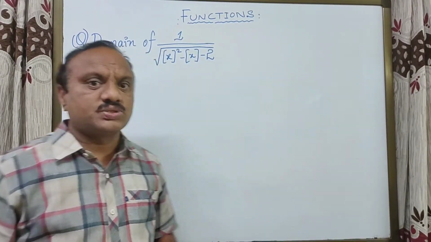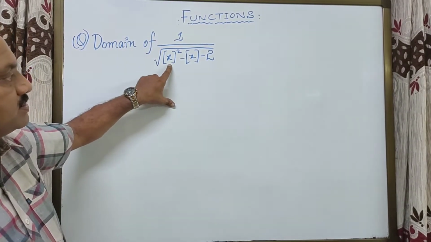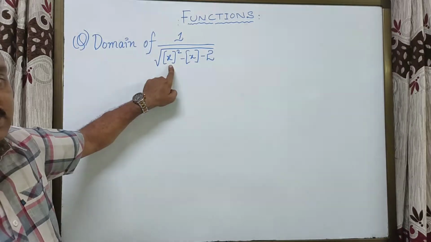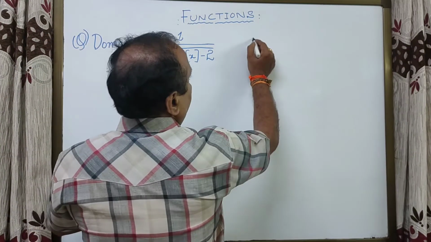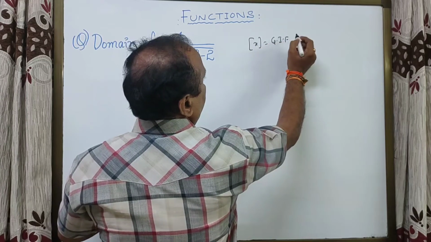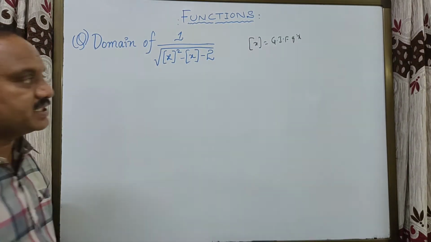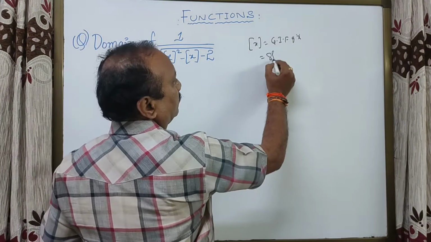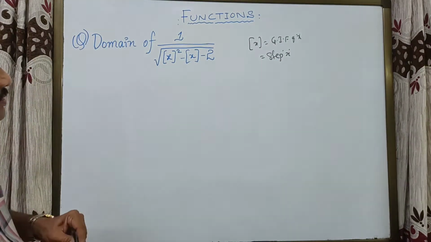Now the second question, students. Domain of 1 by root of, here we have square brackets, but read it as step x. The step x symbol, it is called step x, that is the greatest integer function of x. It is a very important question.